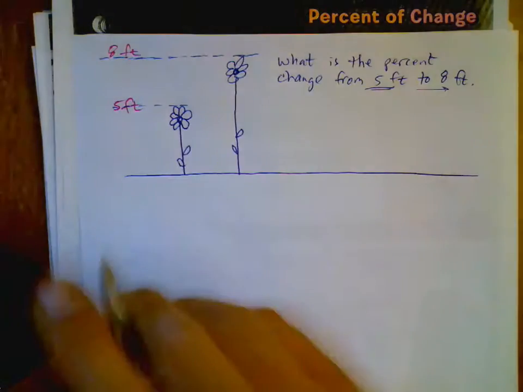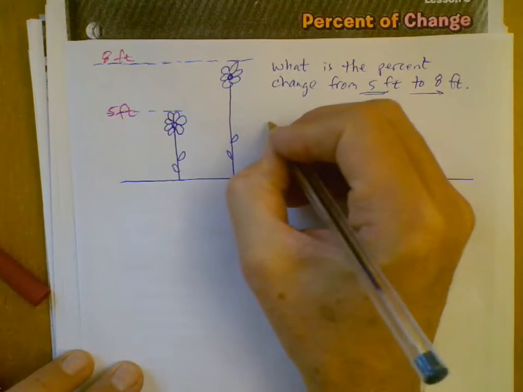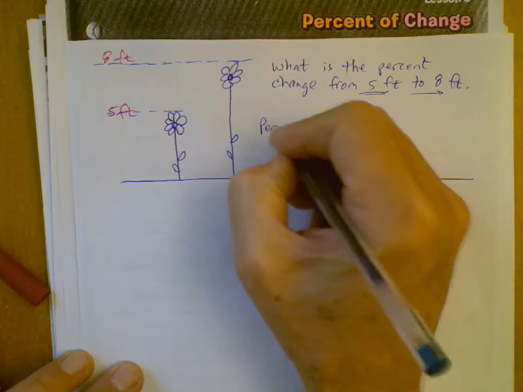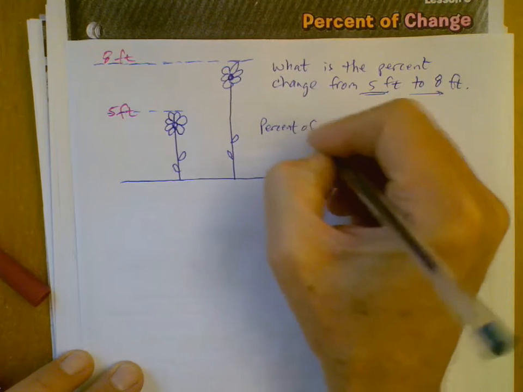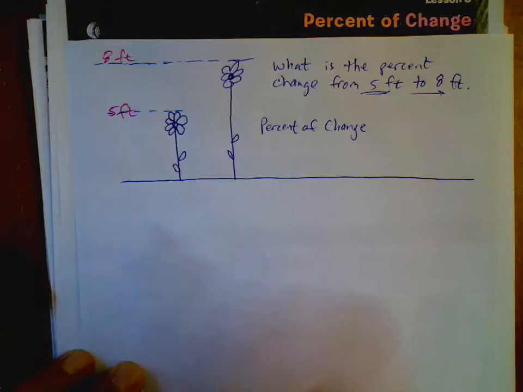And so the short definition for percent of change is simply this. Here's the definition that we use mathematically that we can calculate.